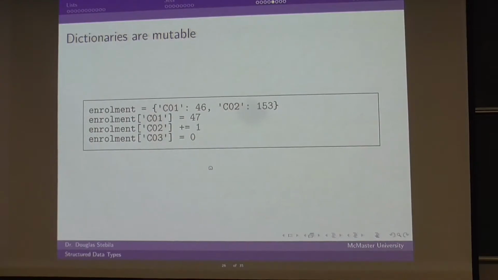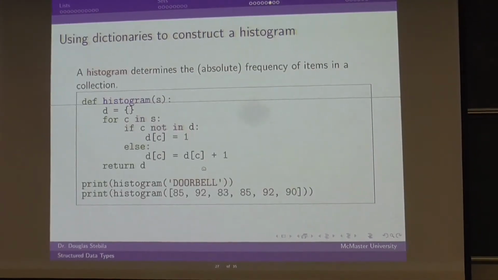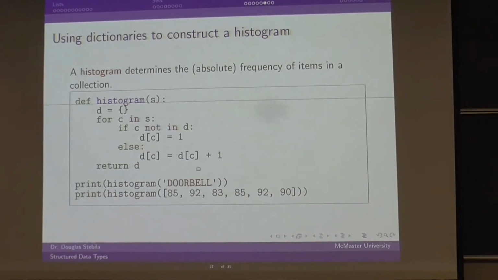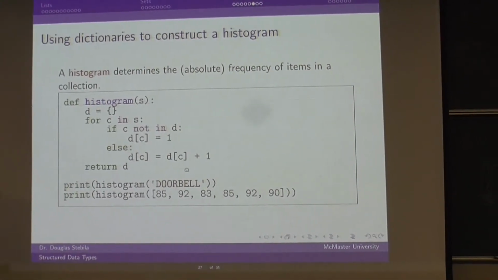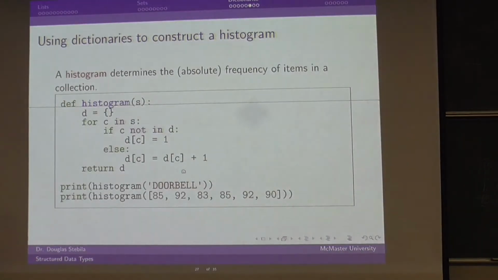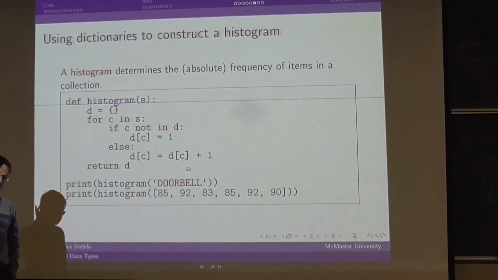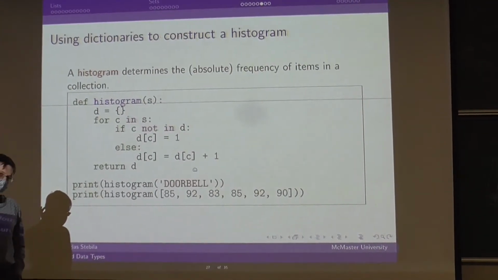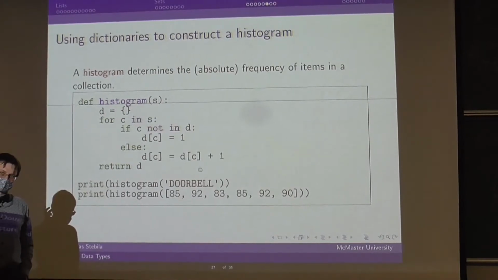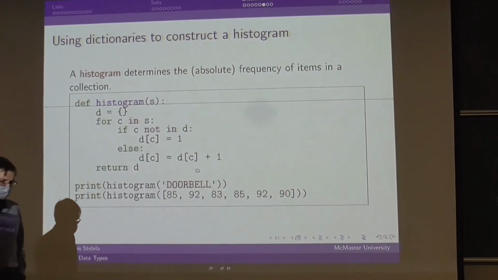Perfect. All right. So here's an example where we're using dictionaries to construct a histogram. Who can tell me what a histogram is? It's like a bar graph, but basically a bar graph with a range for each bar instead of an individual value.